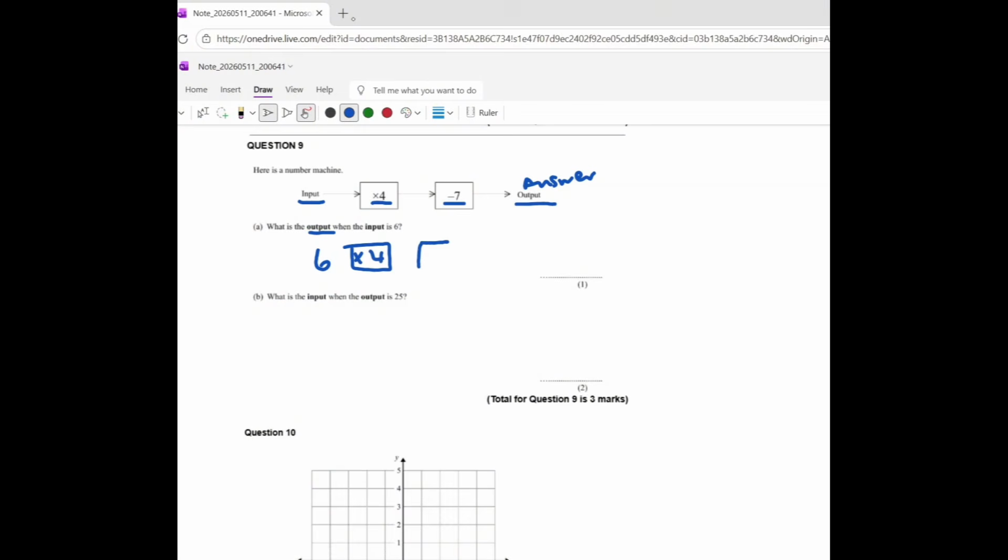And then I'm going to subtract 7, and then that's going to give me my answer. So 6 times by 4 equals 24, and then 24, which is my answer here, subtract my 7 gives me 17. So that is my output, my answer.